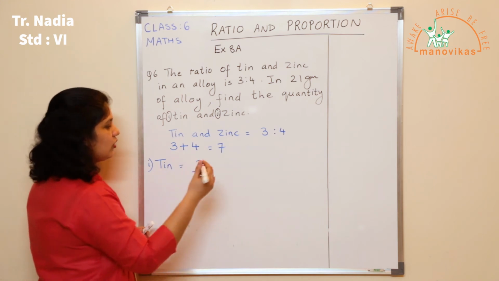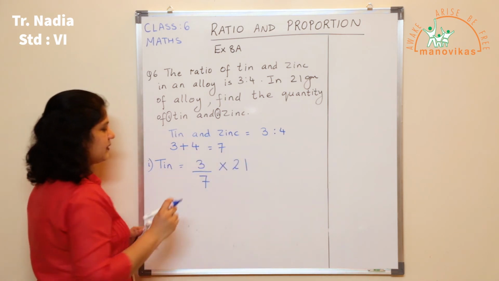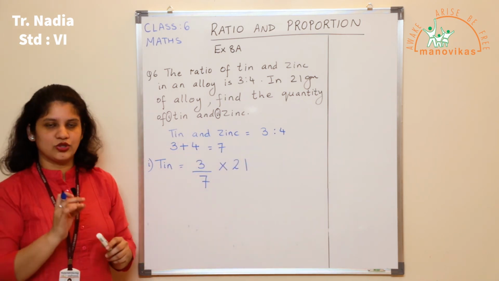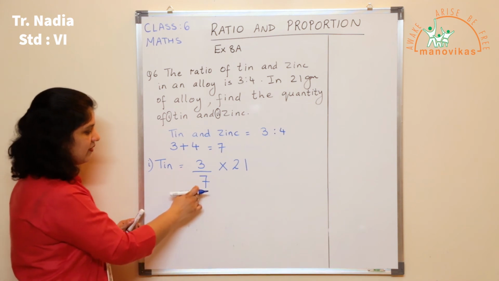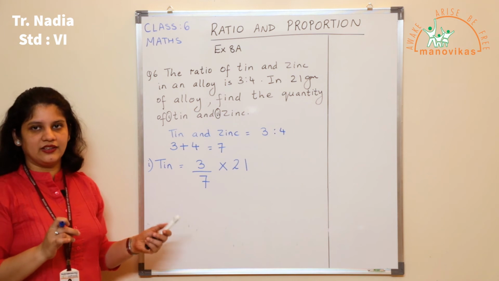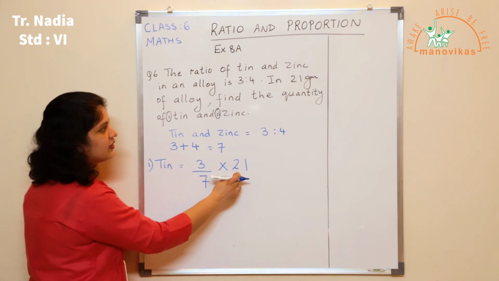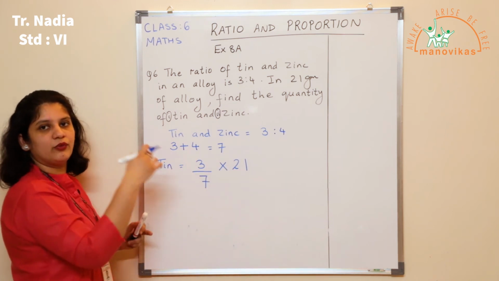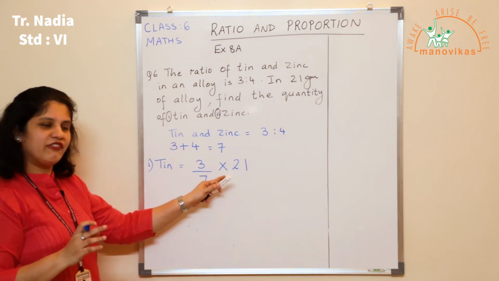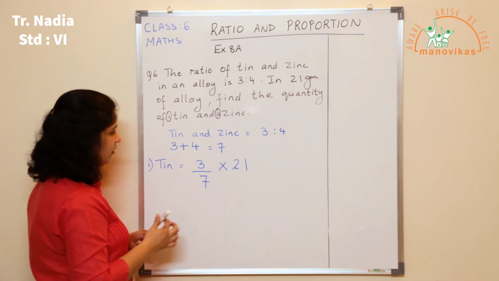Alright, the total quantity of the alloy is 21. So now I can find the portion of tin. So 3 out of 7 parts are tin of, remember you all had learned of in your fractions. So 3 out of 7 of 21. Okay, of 21 grams of alloy. Of is multiply, that's why we have put multiply here. Now I can find the quantity of tin.